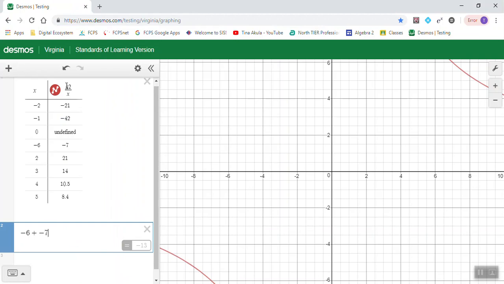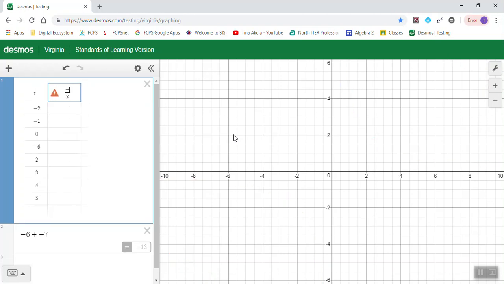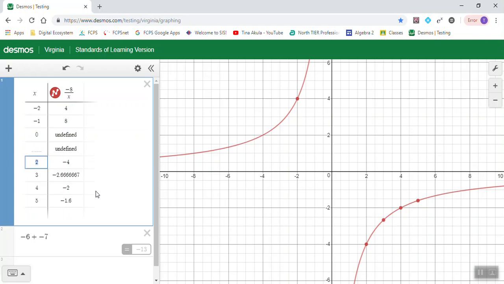So I'm going to change this number to negative 8. Okay. Remember that with these ones, you don't need so many numbers, okay?